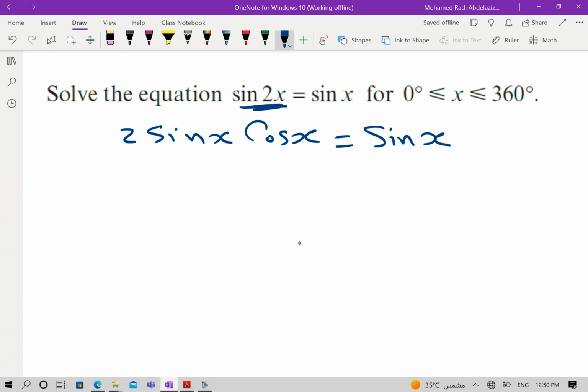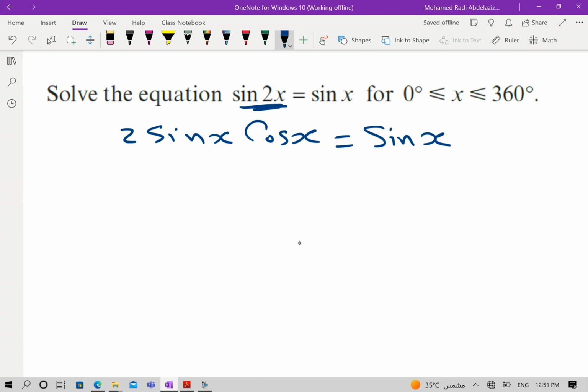Don't try to divide by the zero factor for any equation. If you divide it by sine x, you remove 3 solutions from this equation: 0, 180, and 360. For solving any equation, keep the right side 0, then use factorization.